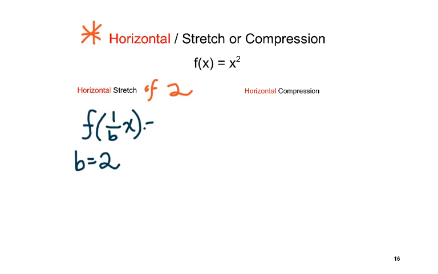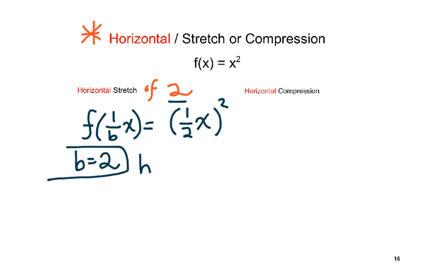This is going to equal, all the x values are going to have a 1 over 2, because b is 2, times x squared. All right? We know that b is 2. Now, it's basically a reciprocal. So if the horizontal stretch is 2, the reciprocal of 2 is 1/2.